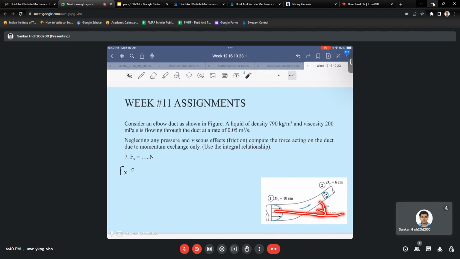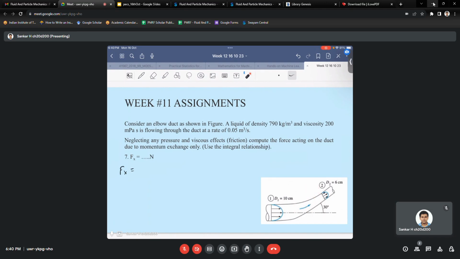So, there is a force that's acting here, there is a force that's acting in this direction, and that would be given by F times. We just have to split this vector into a cosine and the sine component, and the cosine component would give you the Fx, and the Fy will be given by the sine component.